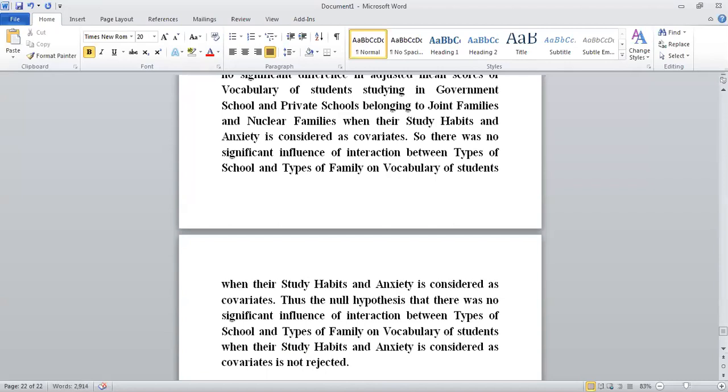So once I write is not rejected means the hypothesis has been tested. So the hypothesis testing is a part of your interpretation.